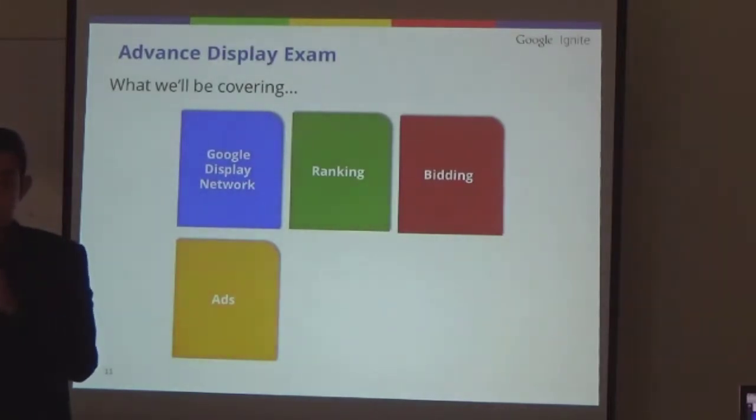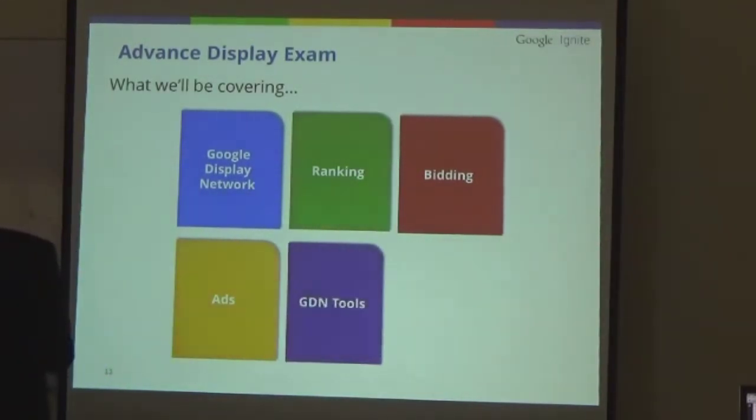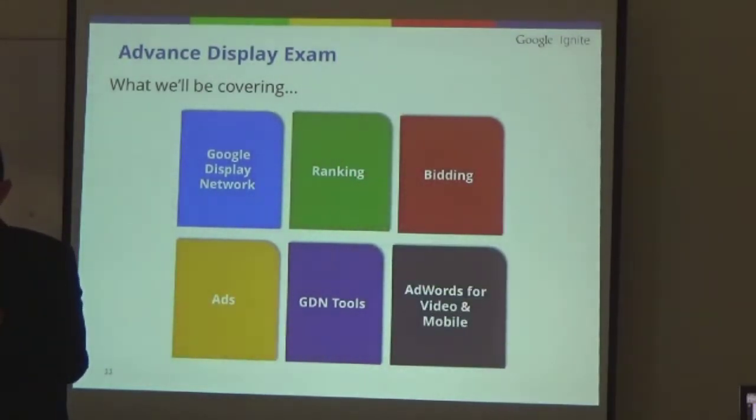In search, there's only one type of ad, the search text ads, but in GDN there's a lot of variety that you can maximize. Then the tools, followed by video advertising, which encompasses YouTube advertising as well, and mobile advertising.